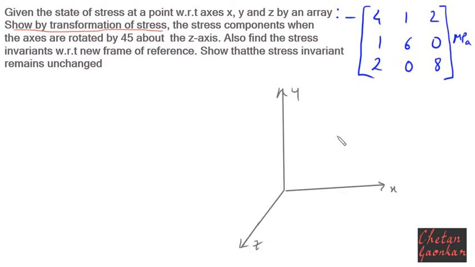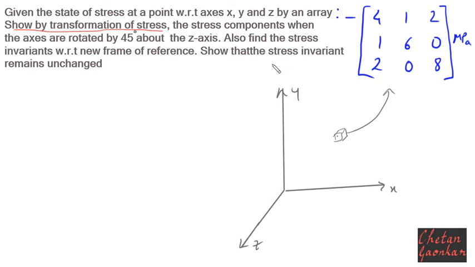Suppose we have one point here, then across that point these will be the rectangular stress components. We need to show, by transformation of stress, the stress components when the axes are rotated by 45 degrees about the z axis.